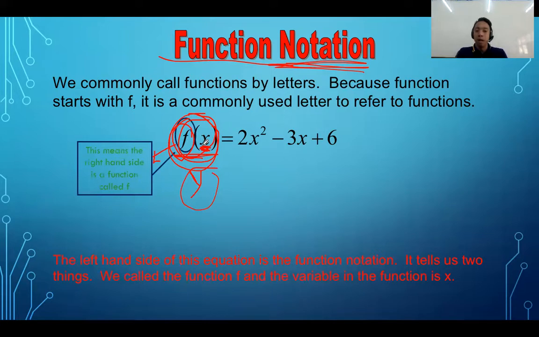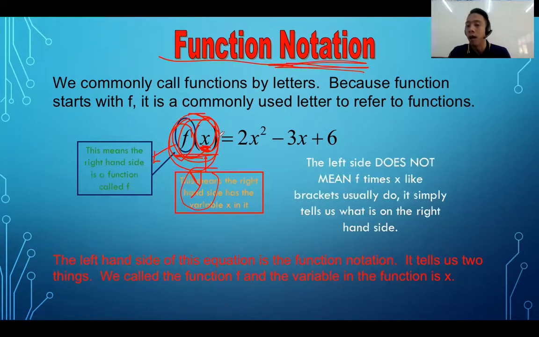This means the right-hand side is a function called f. This means the right-hand side has the variable x in it. It doesn't mean that if we have f, open and close parenthesis x, we need to multiply. No. This simply tells us what is on the right-hand side.